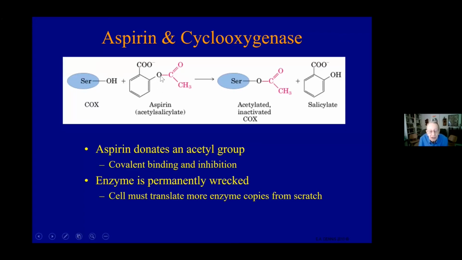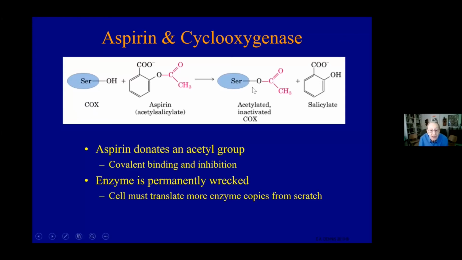But a smart chemist discovered that if you made acetylated salicylic acid, this acetylated form of aspirin would catalytically acetylate that serine, liberating salicylate, and that it was a much stronger inhibitor of inflammation.